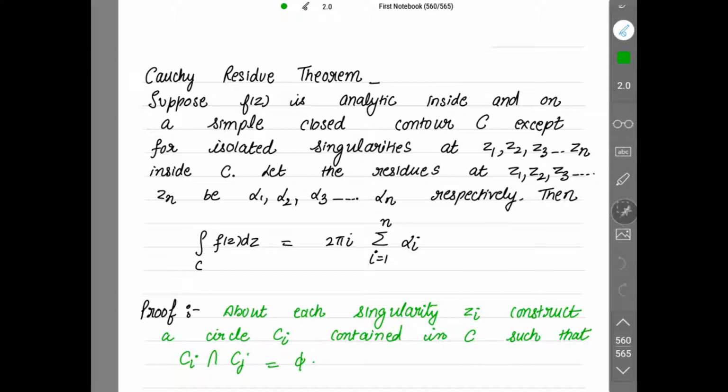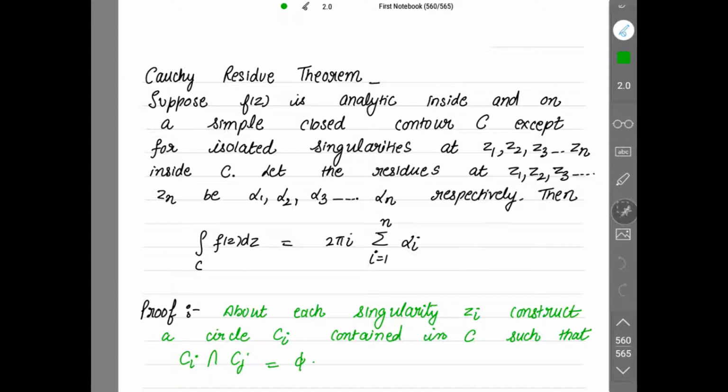Then the integral over C of f(z) dz is equal to 2 pi i times the sum of all these residues, that is, the summation i going from 1 to n of alpha i, where alpha i are your residues at z1, z2, z3, right?